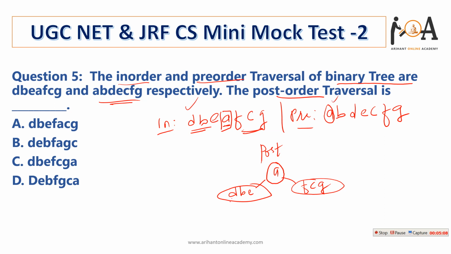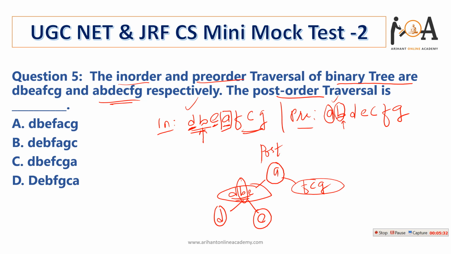So out of DBE, which element would be the next root element? It would be B, because in pre-order B is coming first. So B would be the next root element here. And after that, B is here, on the left side D is there, on the right side E is there, so I can write D here and E here.